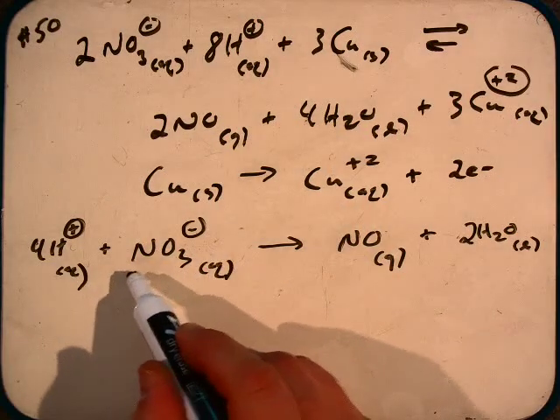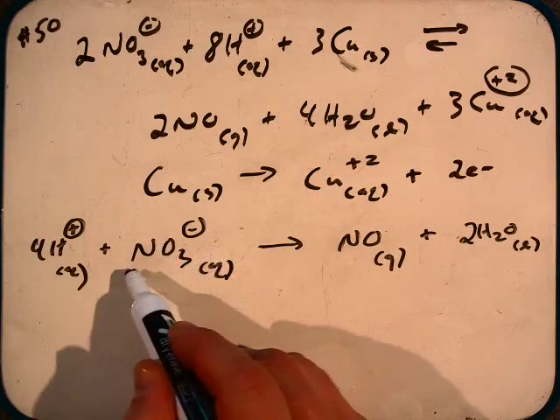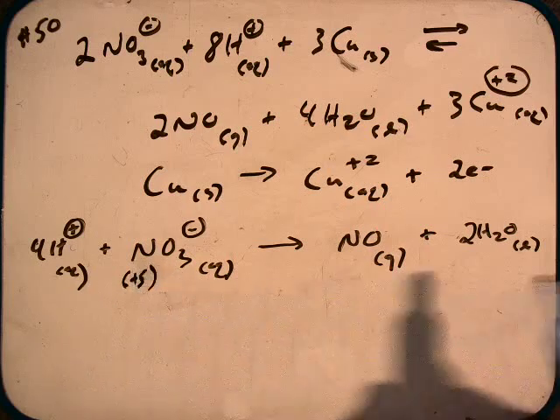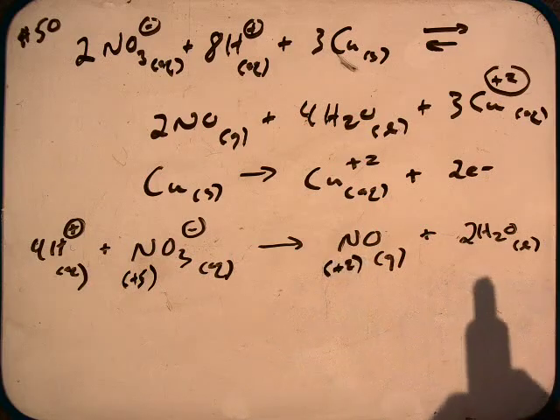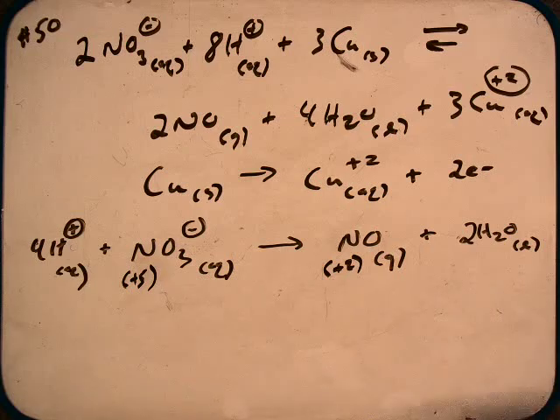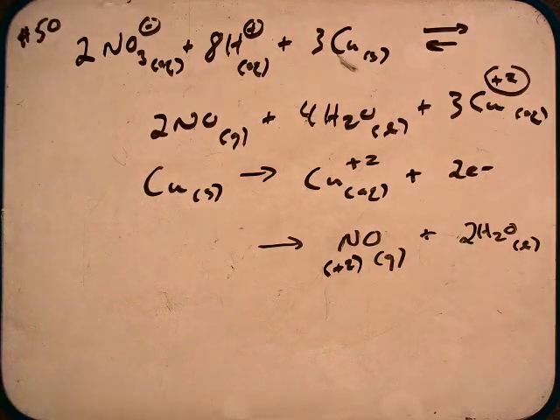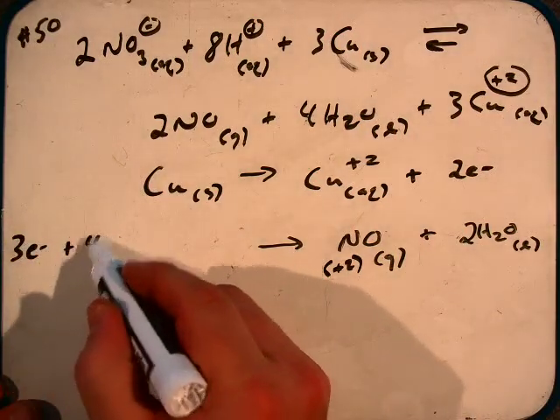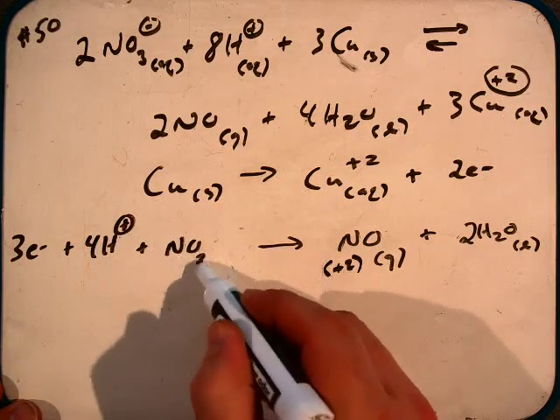If we look at our oxidation number, our oxygen would have a total of -6, so that means our nitrogen atom is going from a +5 oxidation number to a +2 oxidation number, and so it's accepting 3 electrons in that process. Just to write this again with a little bit more space, we would have 3 electrons plus our 4 protons plus our NO3.